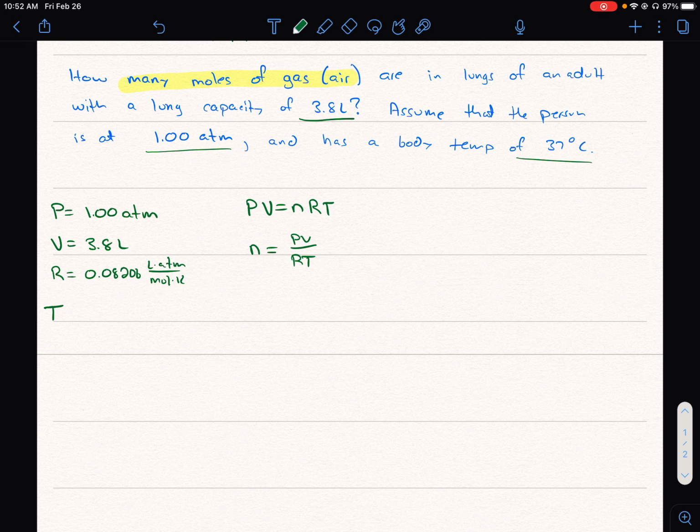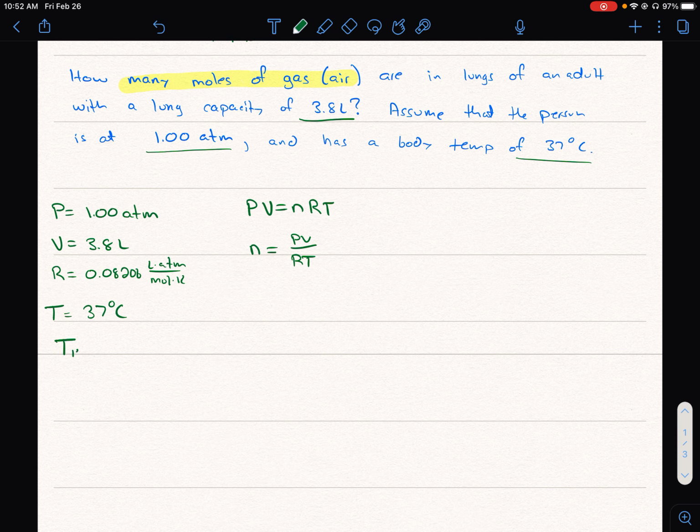And finally, we know the temperature is equal to 37 degrees Celsius. But the thing to watch out for is we need this to be in Kelvin. And so I'm going to rewrite this temperature: Kelvin is equal to 37 degrees Celsius plus 273, which equals 310 Kelvin.